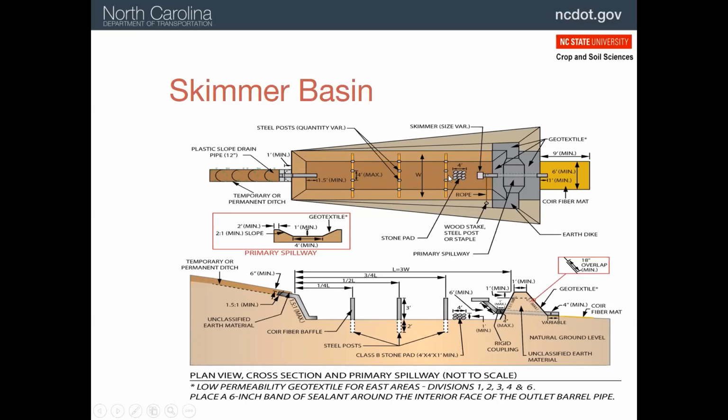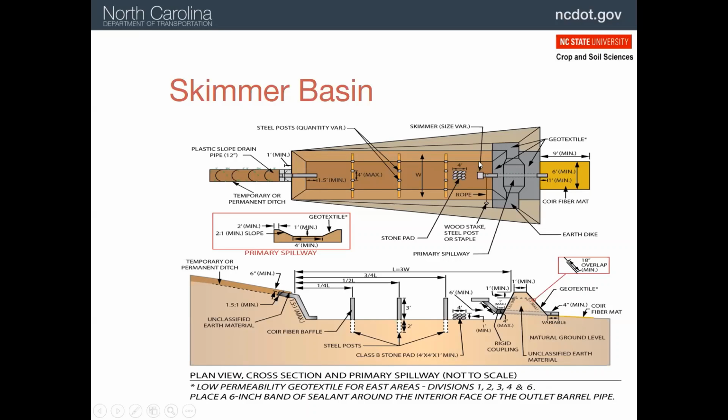The skimmer is attached via a flexible hose so that allows it to rise and fall. And the outlet then goes through the dam and onto a pad of some kind of geotextile to prevent scour back here.